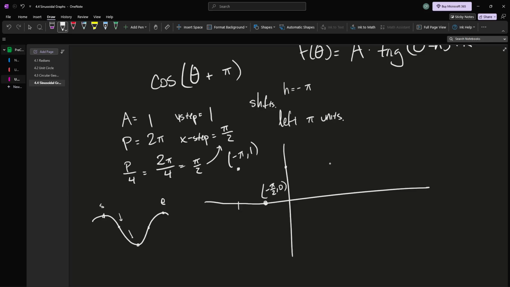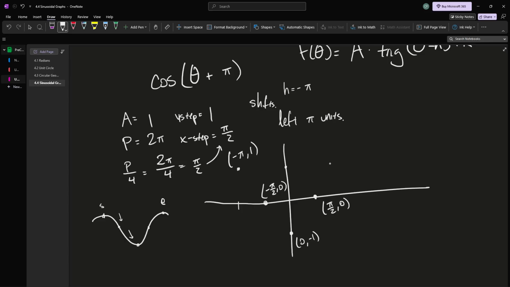We still go downwards. So I go down over here, down to negative 1. And I go to the right pi over 2. So I'm at 0, negative 1. We keep on going to the right. 0 plus pi over 2 gives me pi over 2. Negative 1 plus 1 gives me 0. So we get pi over 2, 0.